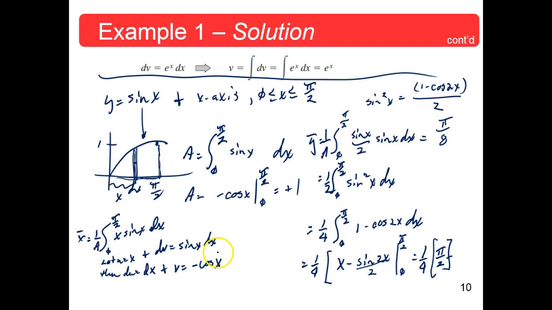All right. So what is this based on that? Negative x cosine x. But because you have limits here, this is from 0 to pi halves. Okay, minus, and what's the second part of this, the integral part?